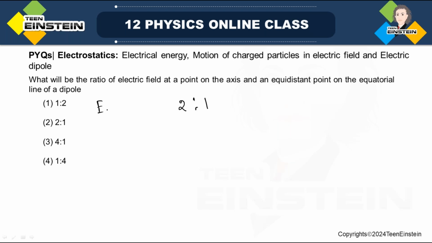If you know the electric field at the axial point, and the electric field at the equatorial.